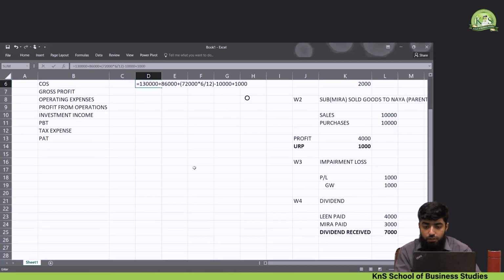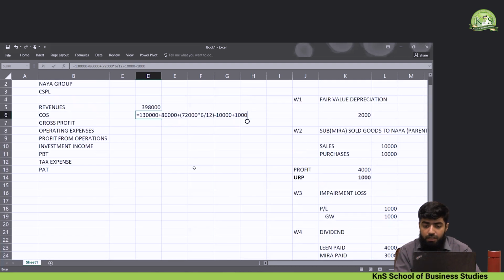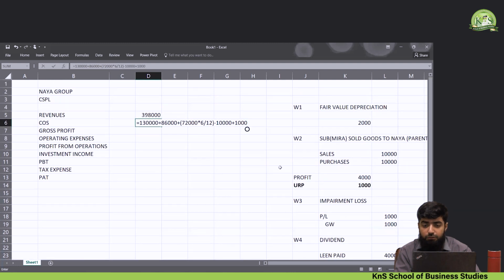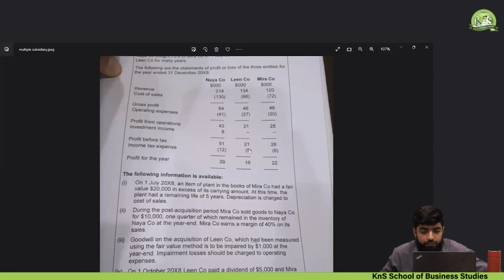Okay, any other adjustment which is required over here? That is the depreciation. Yes, exactly. The fair value depreciation, that is 2,000, which needs to be charged to cost of goods sold. It means that will increase the amount of cost of goods sold by 2,000, as there is a fair value depreciation, and in that question the examiner specifically identified that there is an adjustment of depreciation required in the cost of sales.